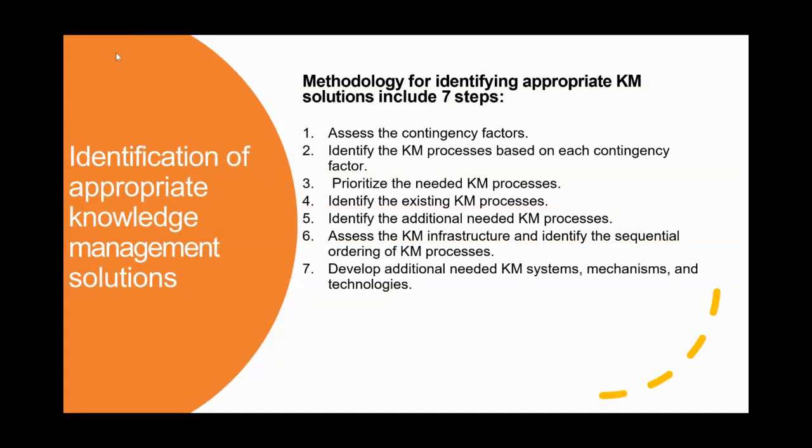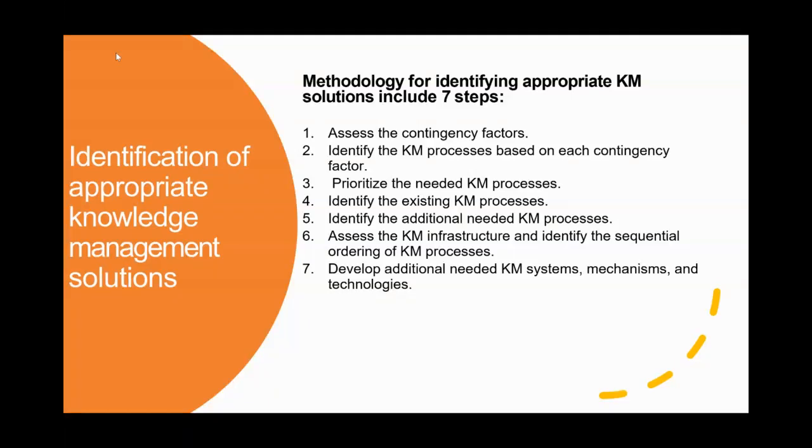Identify the existing knowledge management processes, if any, because maybe the business is not even practicing that. Then identify the additional needed knowledge management processes. So obviously they are not doing, there's room for improvement, basically.